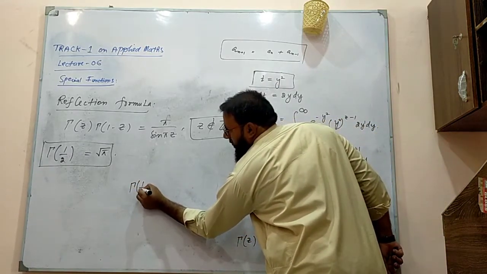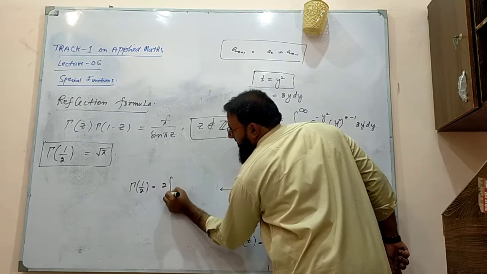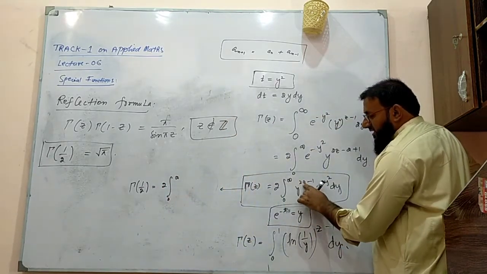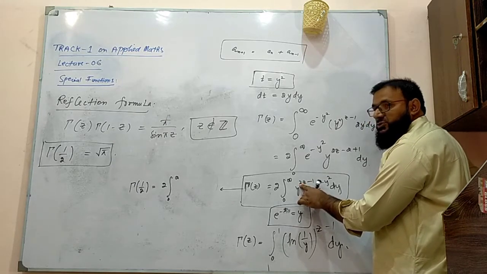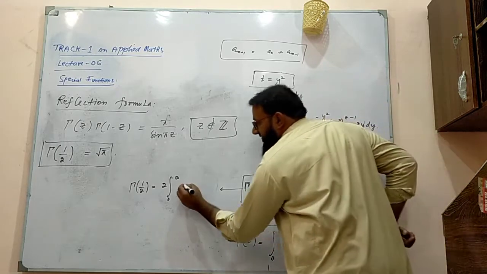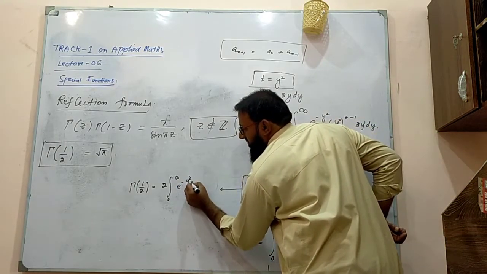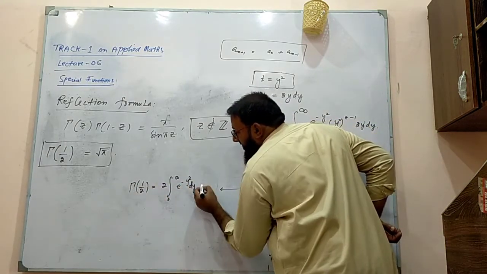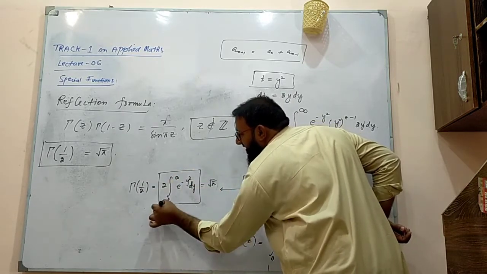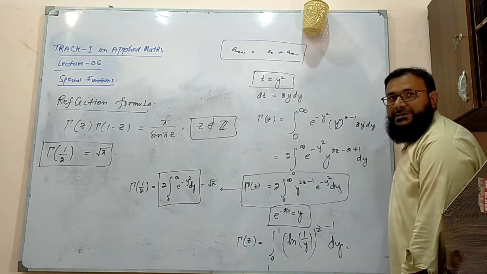Gamma of 1/2 is going to be the integral from 0 to infinity. I put 1/2 here: 1/2 times 2 is 1, 1 minus 1 is 0, so this is cancelled. So gamma of 1/2 is square root of pi, and this integral also equals the square root of pi.